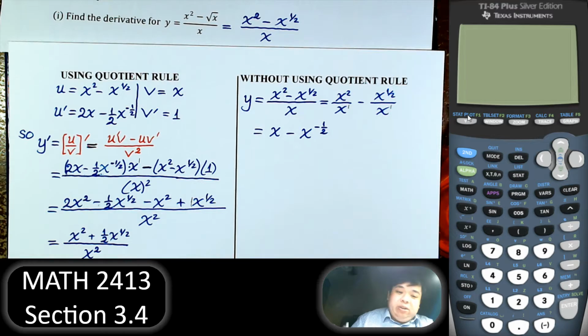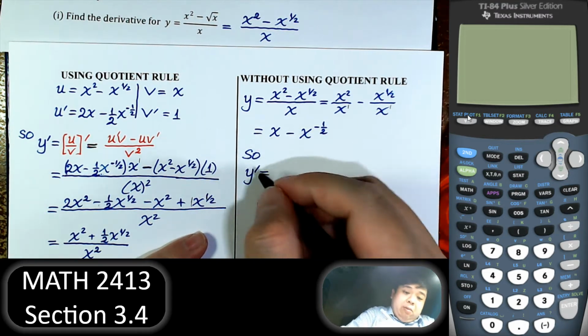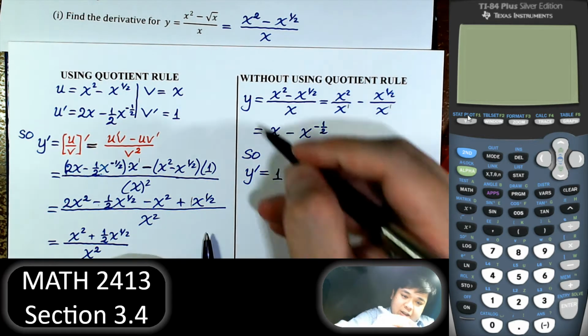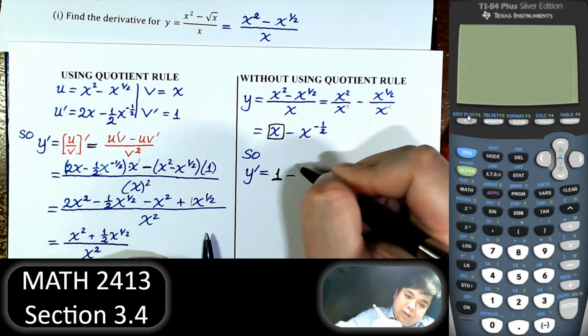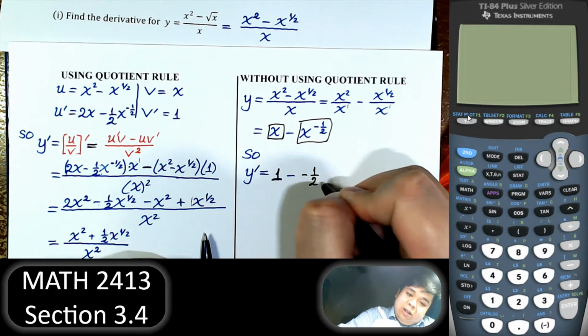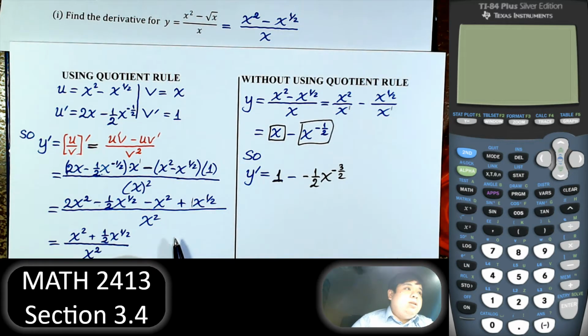Right, now we take the derivative. Derivative of x is 1. Derivative of this, take down the power, and the original power minus 1: negative 1/2 minus 1 is negative 3/2.